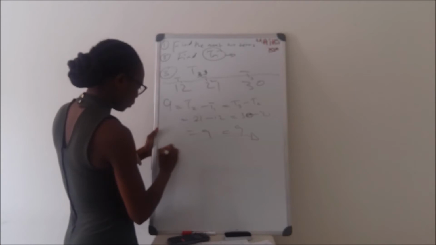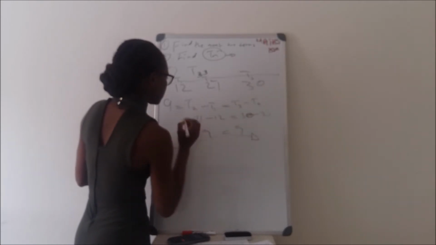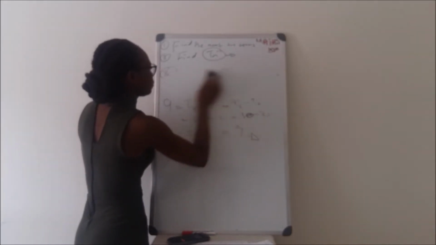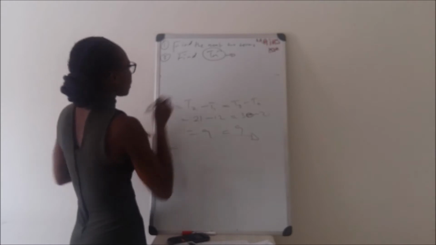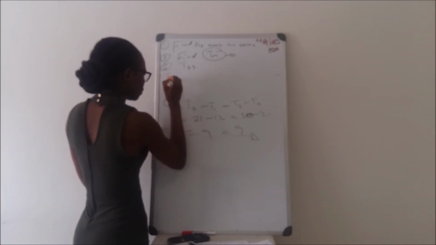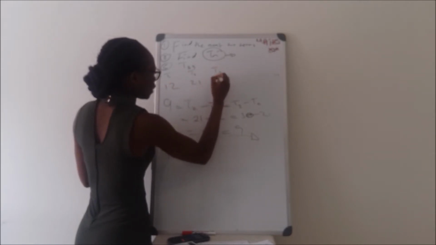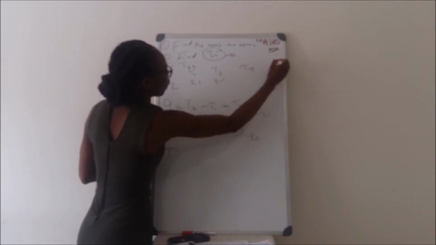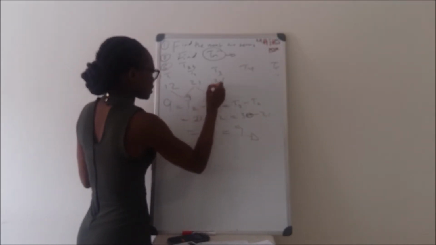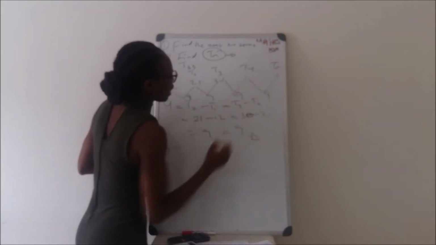Now we have to find the next two terms. Our first term T1 is 12, T2 is 21, T3 is 30, and we need T4 and T5. The first difference here is 9, so the difference here must also be 9.